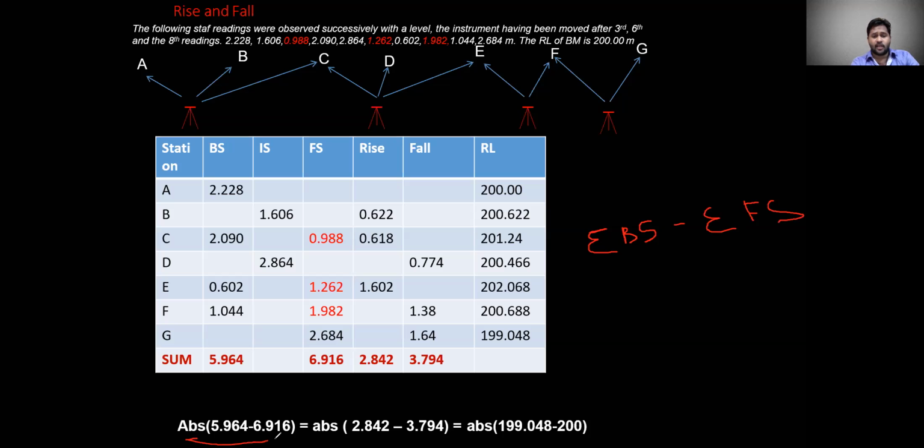This value, 5.964, is the summation of backside, and 6.916 is the summation of foresight. Both will give you the value. Again, the summation of rise minus summation of fall. These both should be equal.